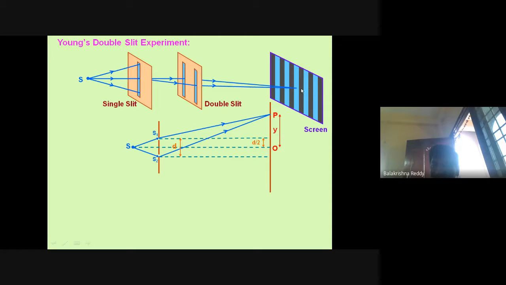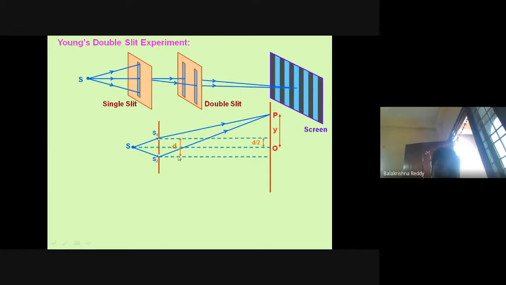At the center it is bright, and on either side you find dark. Alternately bright and dark fringes we will have on the screen. The entire screen will have dark and bright fringes, and all the fringes look to be of uniform width. Though dark and bright fringes form, the illumination from these bands is the same.